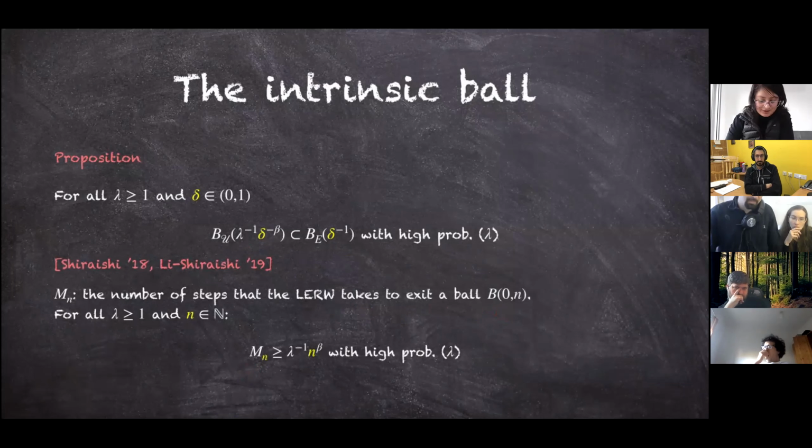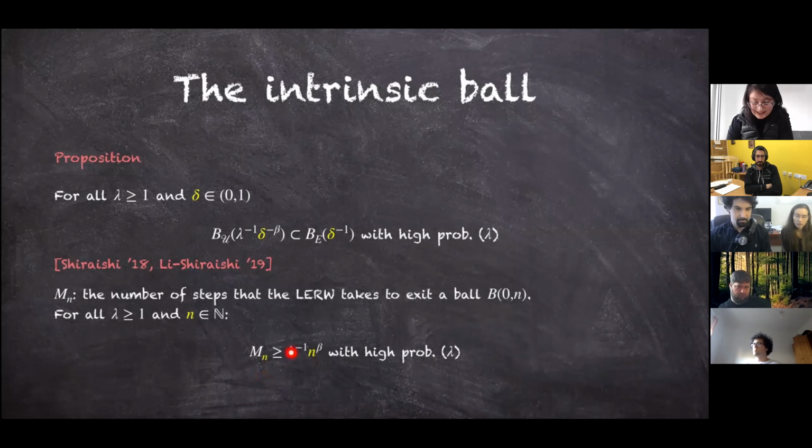And a result of Daisuke, together with another result of Shinji and Daisuke, is that Mn is at least lambda to the minus 1 times n to the beta with high probability. So the number of steps that the Lupus random walk needs to reach distance n is of this order.